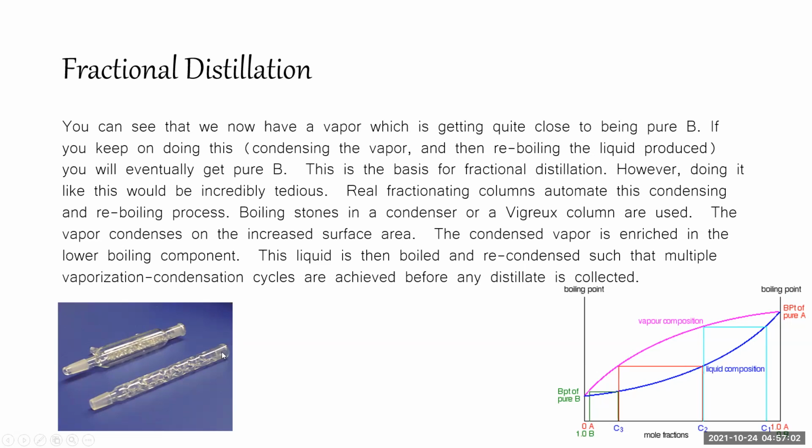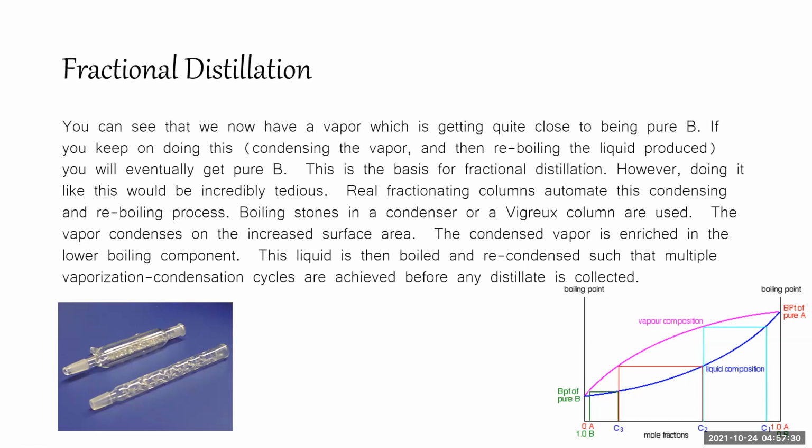Or you could use a fractionating column, which is also known as a Vigreux column, which basically has glass intrusions into the inside, which creates more surface area for multiple theoretical plates to occur before you've even collected any condensate.